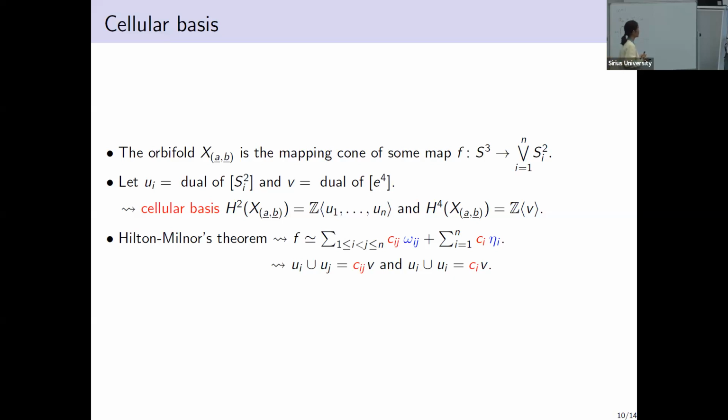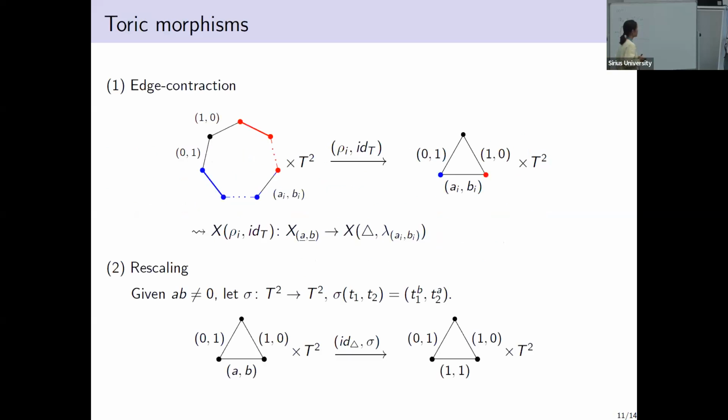In order to do that, we use a tool called toric morphisms. The idea of a toric morphism is to consider a morphism between two spaces that are equipped with torus actions, such that the morphism is equivariant with respect to the corresponding torus actions.